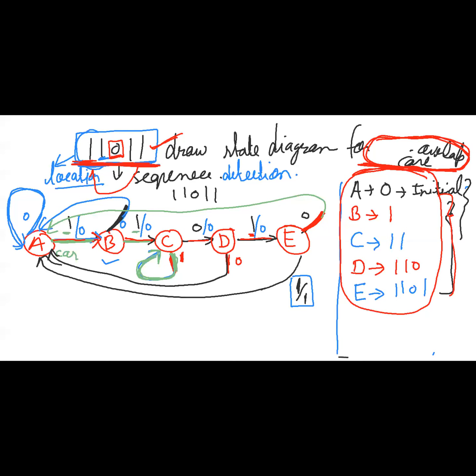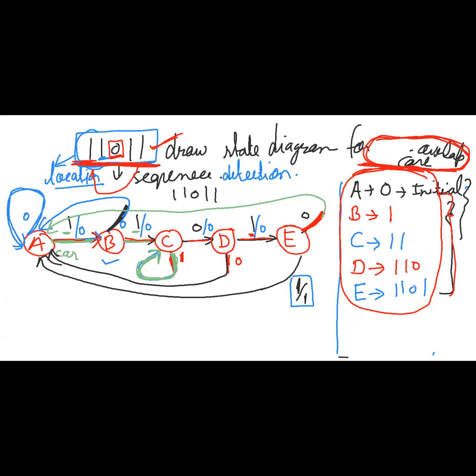For the overlap case, look at what changes I will make here. I will use yellow color, a new color for you, and make it a little bit dark so you can see it. For the overlap case, whenever I get output 1, I will delete this case, because the changes only occur whenever I complete my string, whenever I am getting output 1.